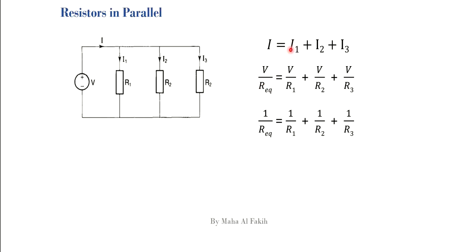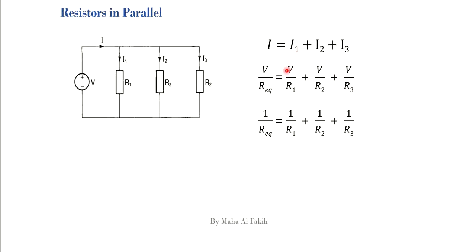Now the current I1 is the current passing through R1. We said that the voltage across R1, since this is a parallel connection, is equal to V. So I1 is equal to V, the voltage across R1, divided by the resistance R1. Similarly, I2 is equal to V over R2 and I3 is equal to V over R3.